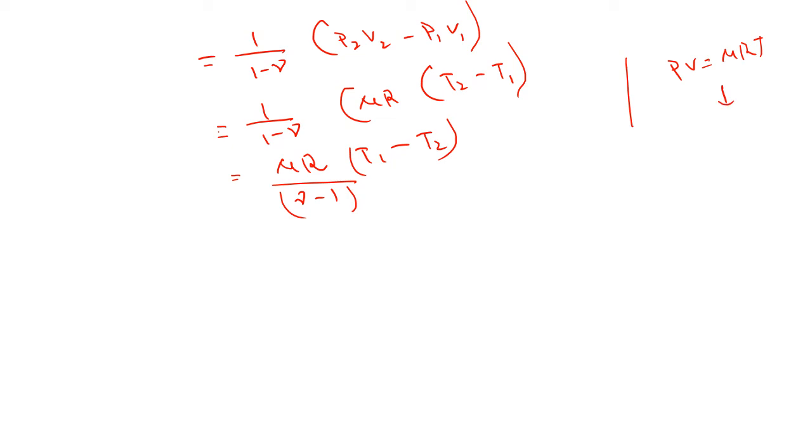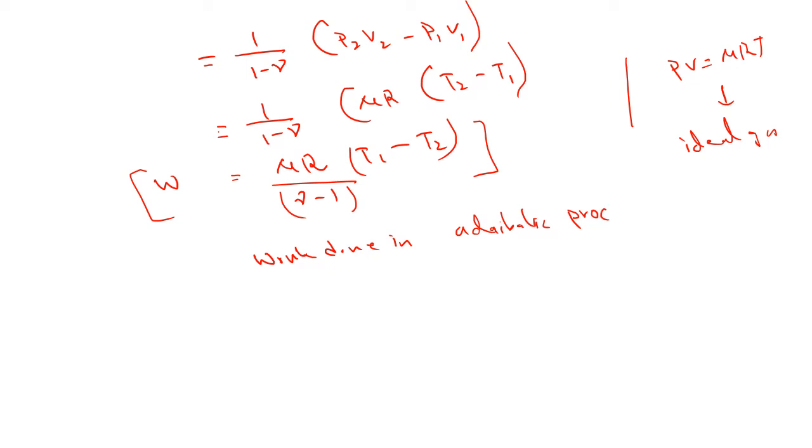We already said that this is for ideal gas. So this is our expression, the work done in an adiabatic process. This is the formula for work done in an adiabatic process, and this expression is quite important to get to our next topic, the Carnot cycle. I think you understood this expression.